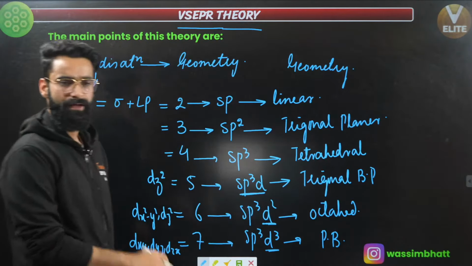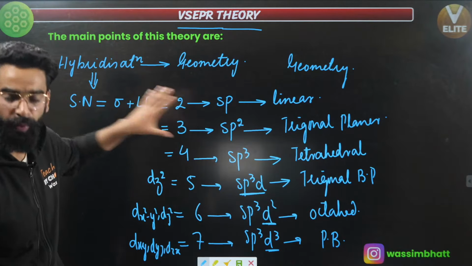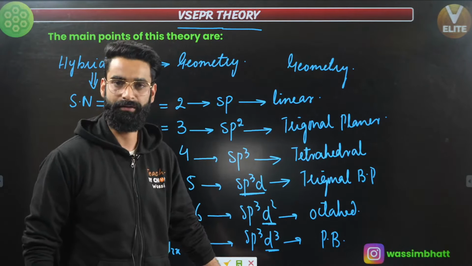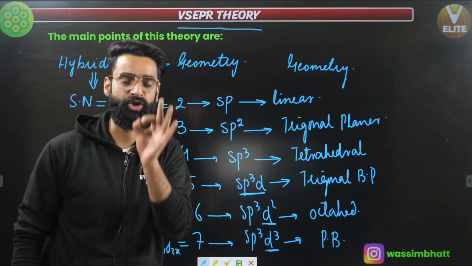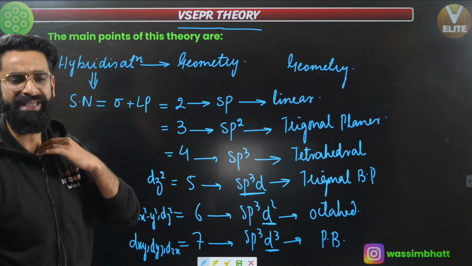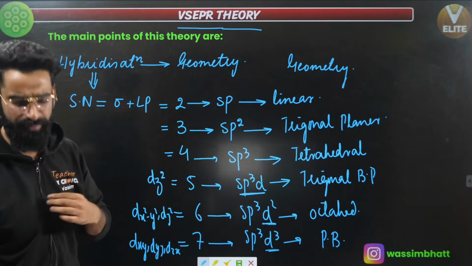Now people, how will we get to know the actual shape of the molecule? These are what I call the geometries of the molecule. The idea of the geometry of the molecule I will always get from the concept of hybridization. But what about the actual shape of the molecule?